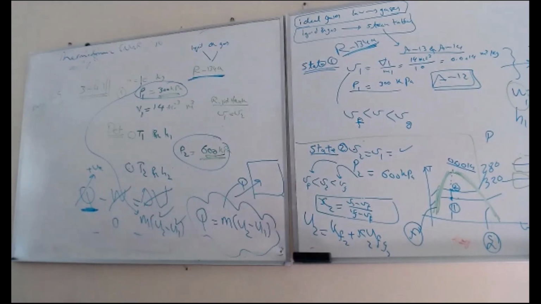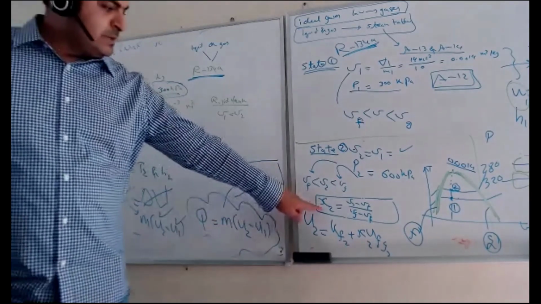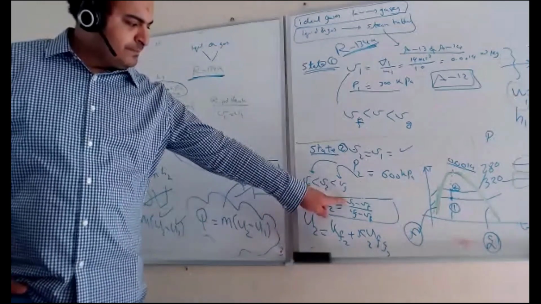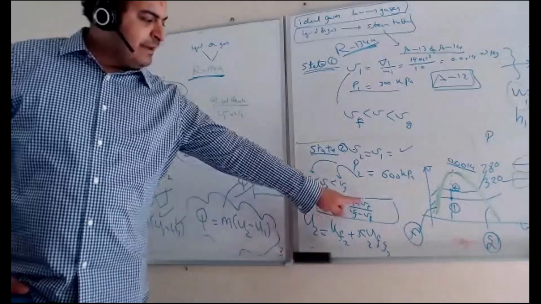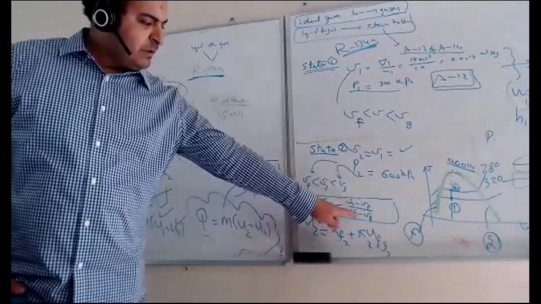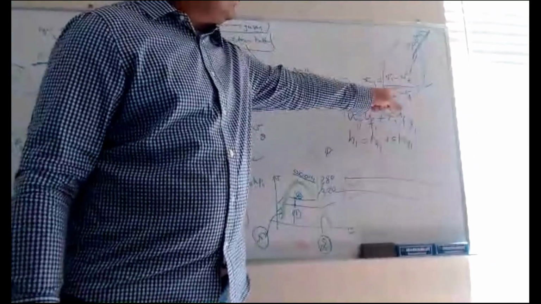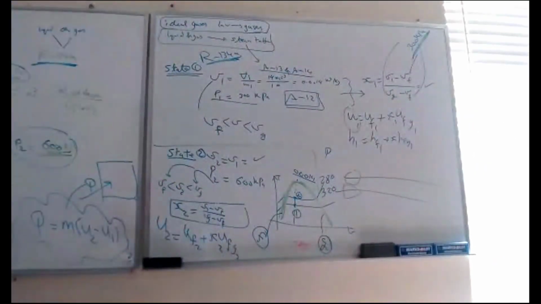What are the terms that you wrote for X2, representing quality? It is V2 minus Vf over Vg minus Vf. Exactly like this one. Actually, we don't have any other definitions.